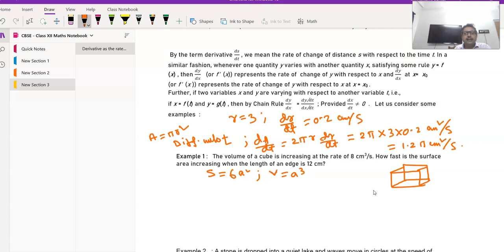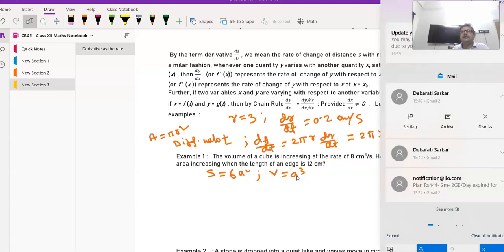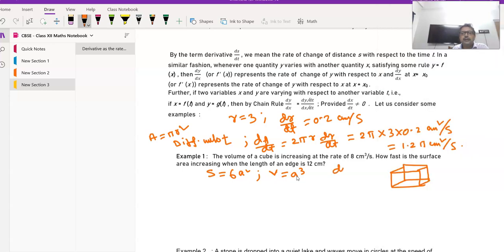Now what is given here that you have to write first? The volume is changing. The rate of change of volume is given as dV by dt, and dV by dt is going to be 8 centimeter cube per second, and edge of the cube is a equal to 12.